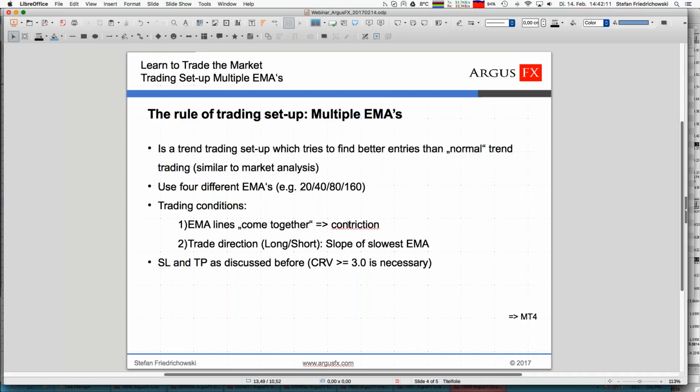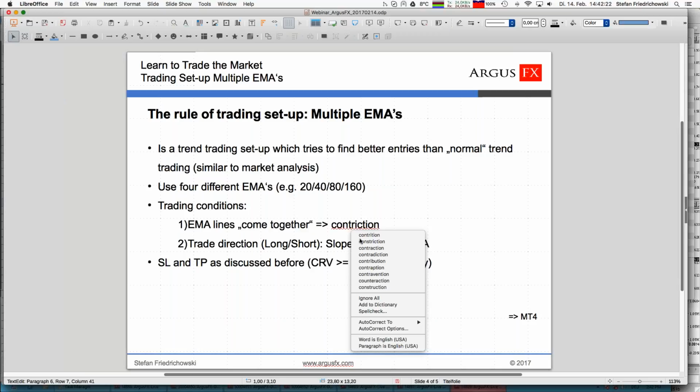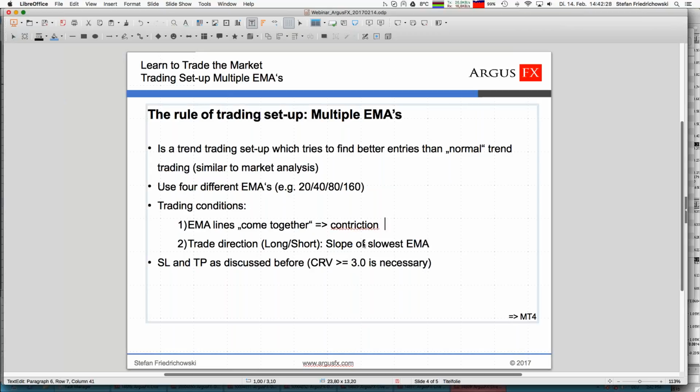So that those 4 EMA values come together, and if they do that, then this is our signal to open a trade.